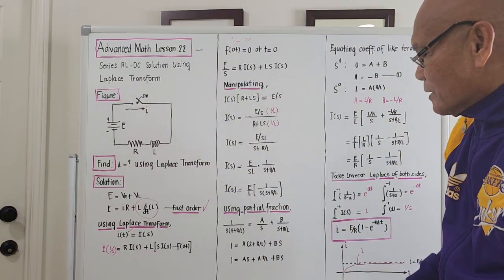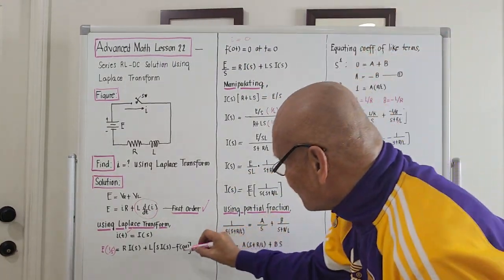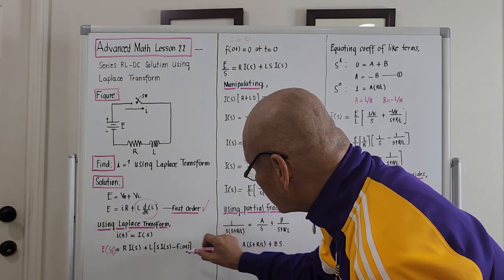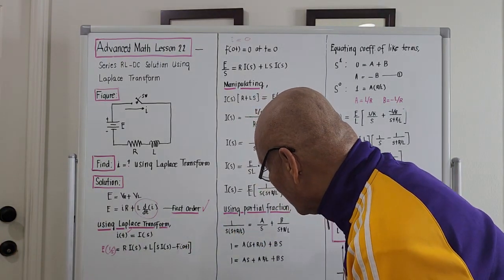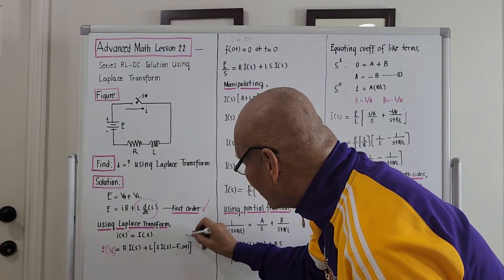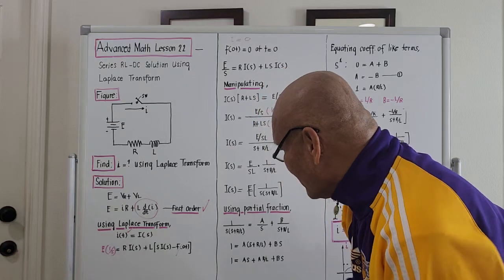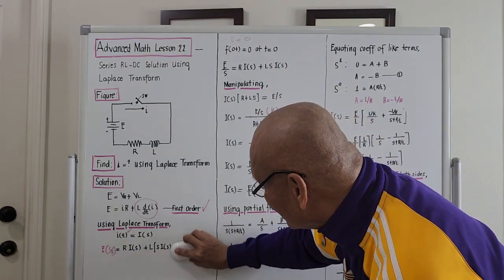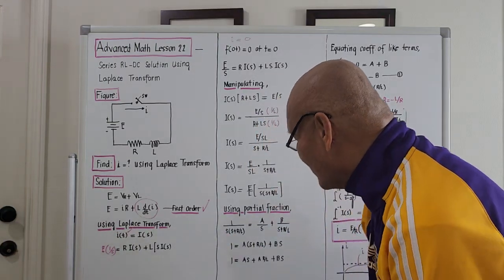So what now comes out? This part of the equation now, sorry for that one. My red pen is almost gone, not yet gone. This is 0. So actually, the f sub 0 plus is actually gone, right?